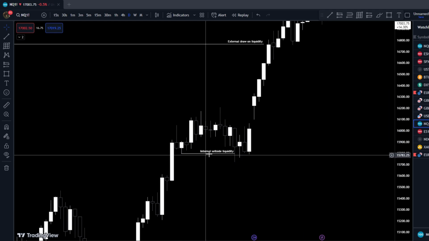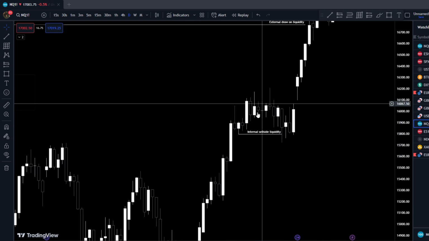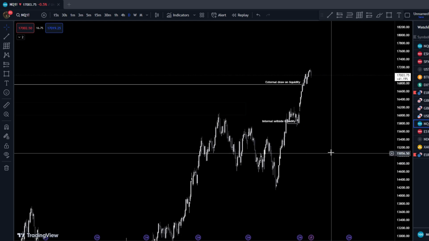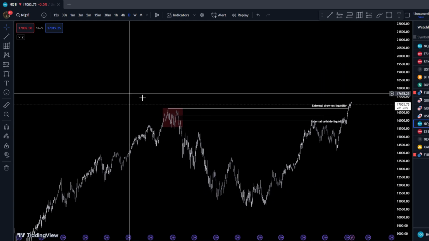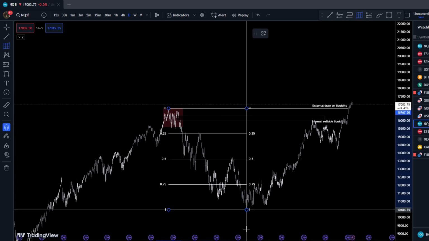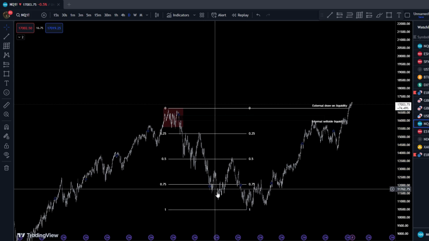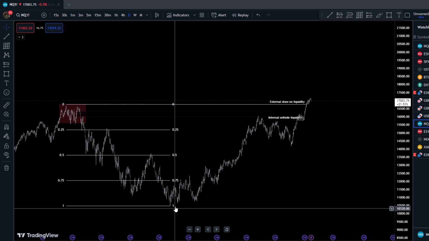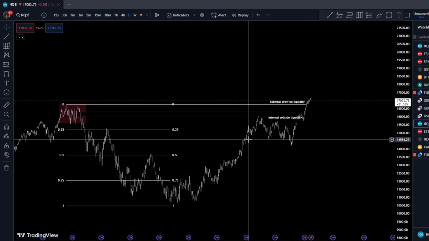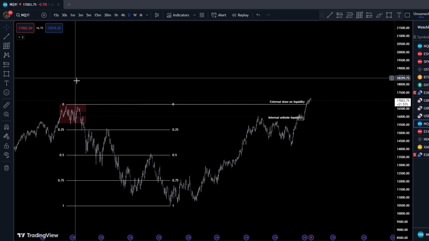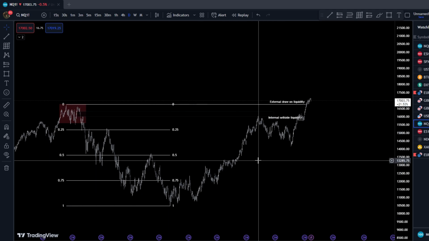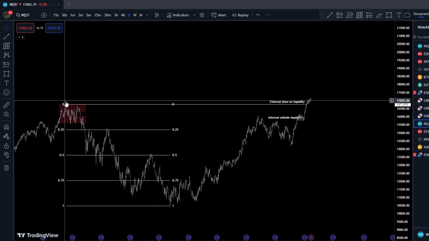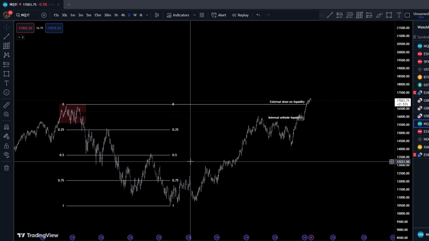So this is internal sell side, because this is the range that we are trading in, from this range to this. So this is internal liquidity. This is external sell side liquidity. All these lows are internal in this range. These highs and lows are external. Remember that.